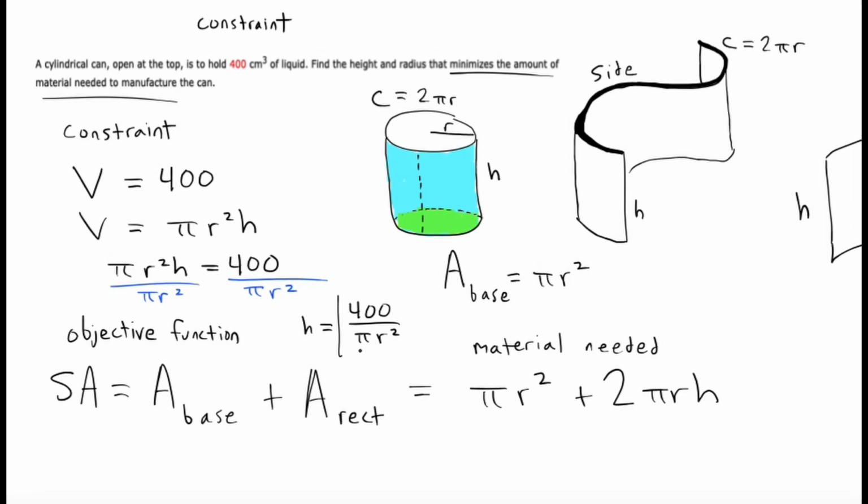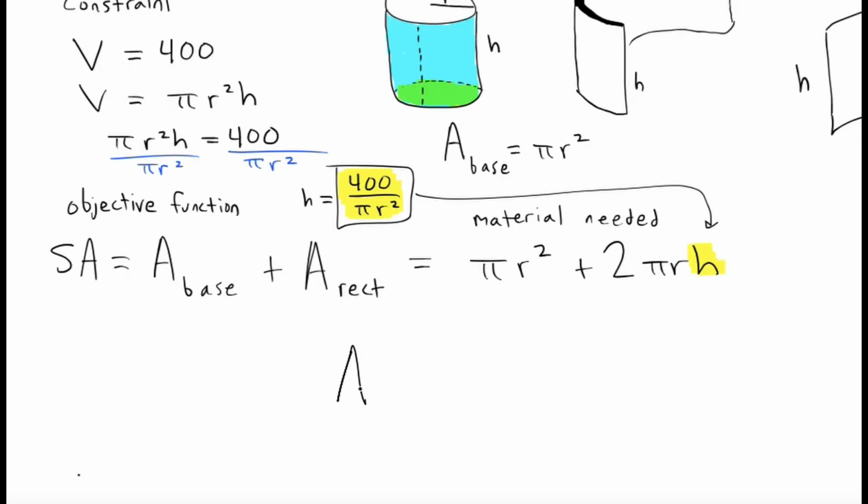It's something that I could now plug in to my objective function, because I want to get that h out of there and replace it with something in terms of r, and now the whole function's going to be in terms of r, so that's great. I'll just call this A for area. It's going to be a function of r now.